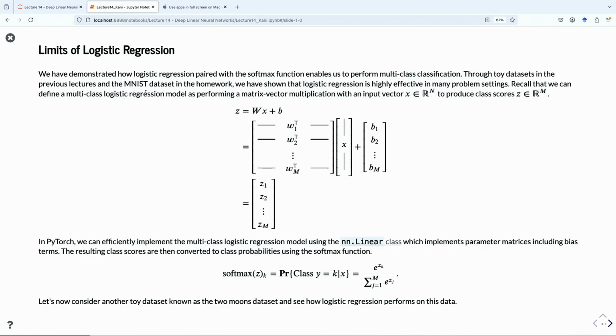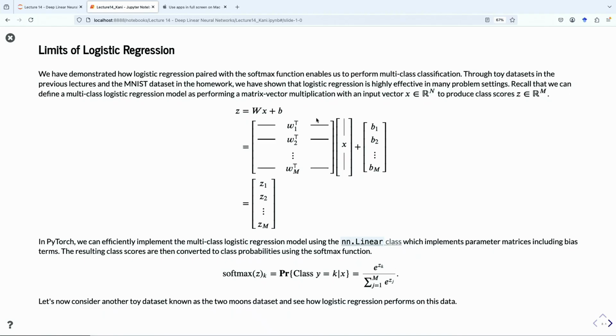Basically, we have a linear model, and we pair that with some logistic equation. We pass a linear model through a logistic equation, and that is what a logistic regression model is, right?